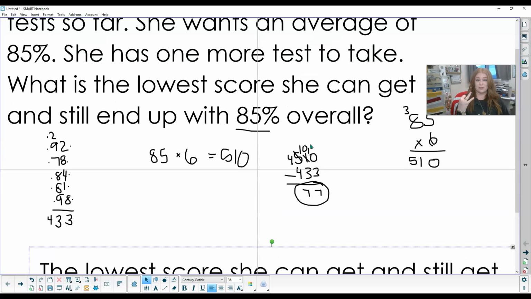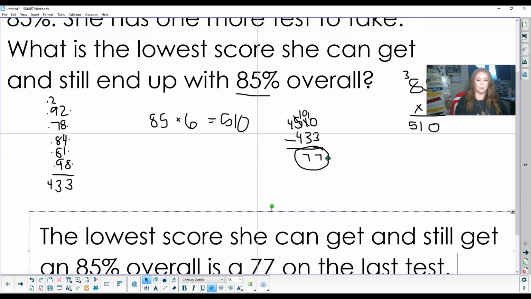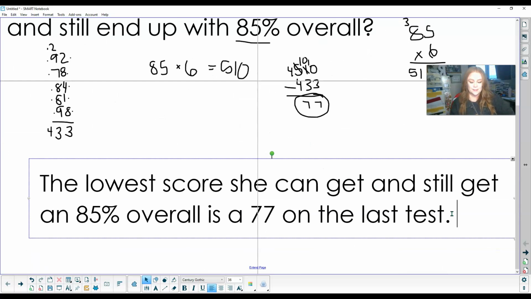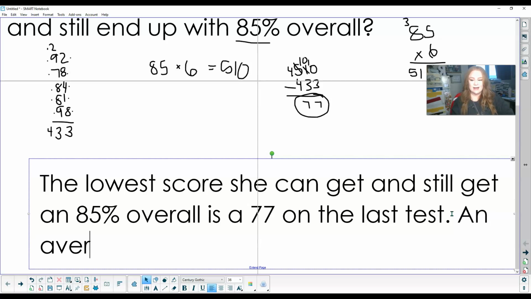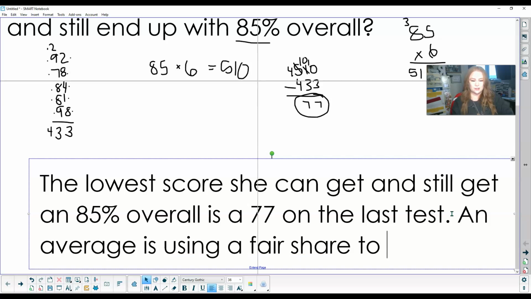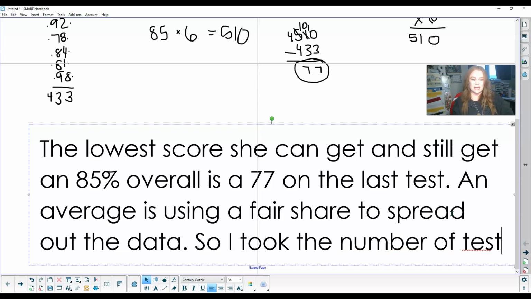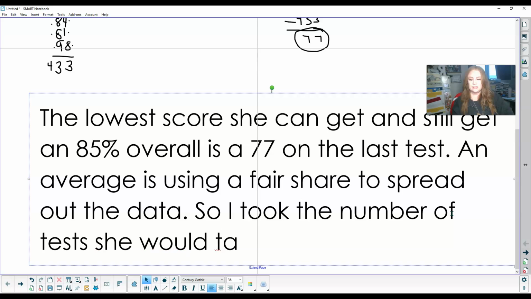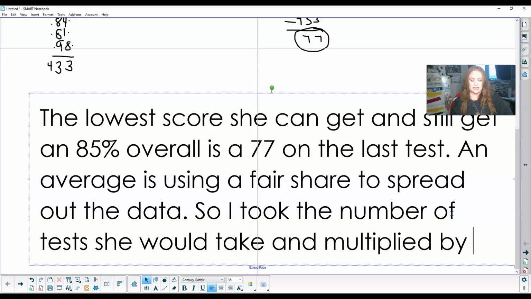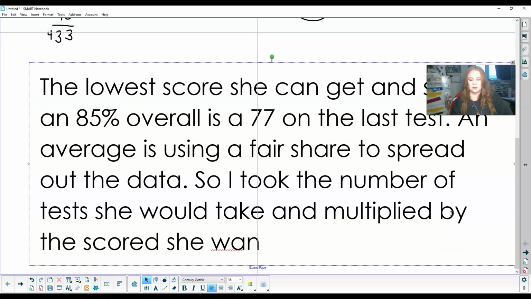Now C is I'm going to cite how I knew what I needed to do. An average is using a fair share to spread out the data. So I took the number of tests she would take and multiplied by the score she wanted.